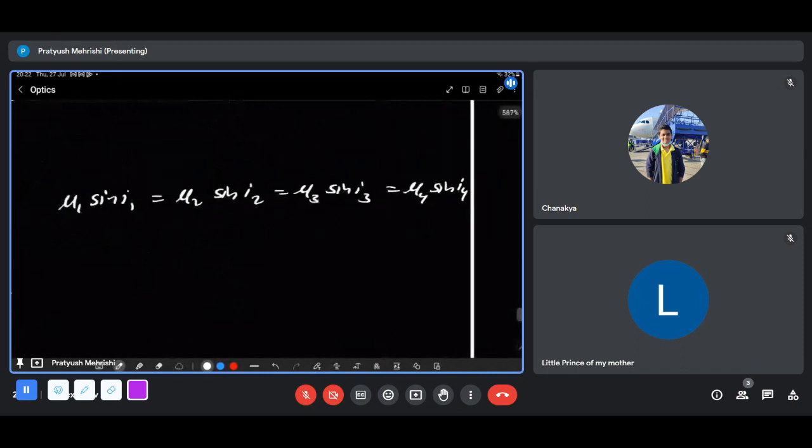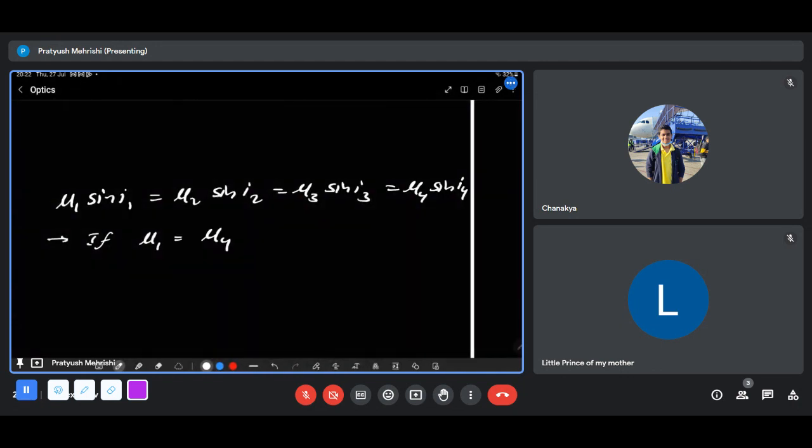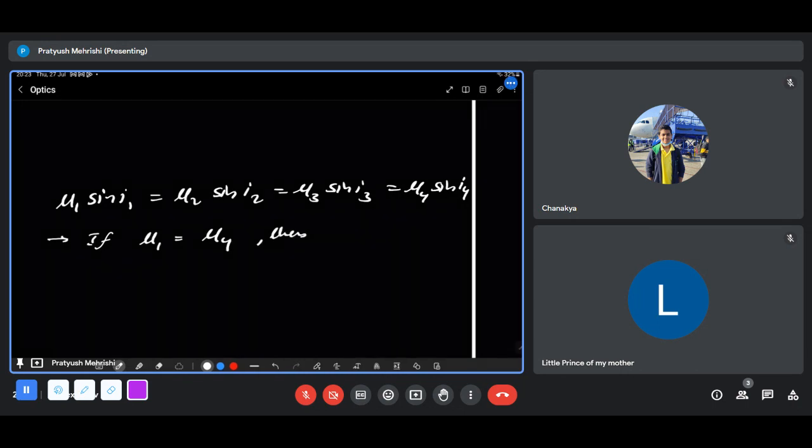So mu4 sine I4. Now, if mu1 is equal to mu4, means the first medium and last medium are the same, means from air it is incident and again in air it is refracted, then mu1 sine I1 equal to mu4 sine I4.